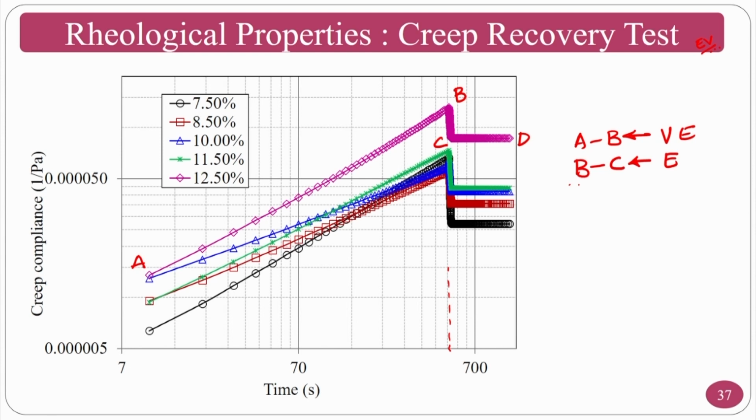That strain is viscoelastic change, that is called AB, that is the viscoelastic region. Then you are releasing. That means that whatever elastic component the medium has will be released. That means that your BC is your elastic component.